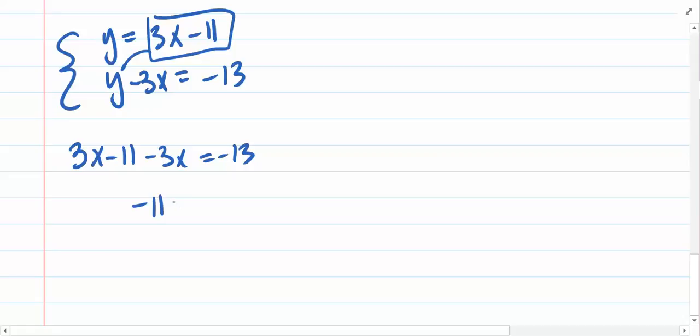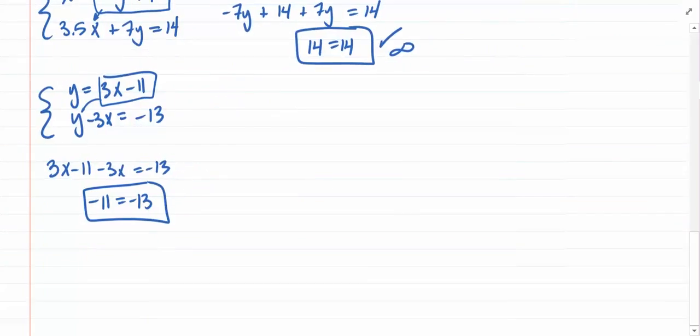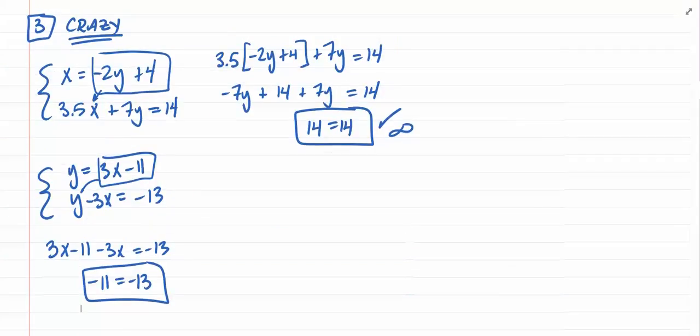Now, here's why I want to do this side by side. Compare this statement here to this statement here, because they mean something different. Compare those two statements. Anybody got it? I'll hear from somebody else. Will, what do you got? There's no solution. Is it a true statement or a false statement?